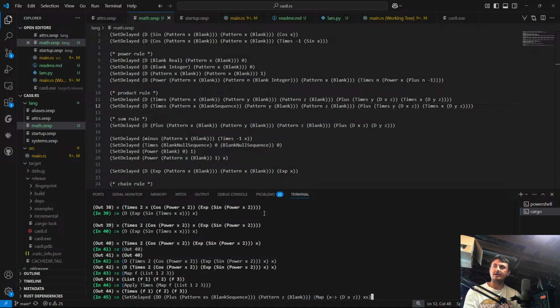But I don't know if I can do that. You know what? Let's just try it. So it's gonna be a function x dx z to x's. And x's should have a list, right? Well, I think it's a sequence, but map on a sequence might not work.